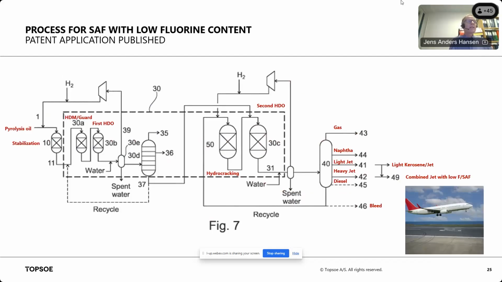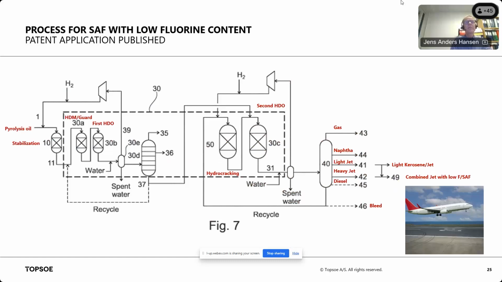So what we then figured out was that you could use hydrocracking to produce a jet with a low fluorine content. And here is a slide showing what we did. So what we did was that we have the guard catalyst in the first stabilization catalyst, then we have the first removal of H2O, and then we were taking the product from this without nitrogen being present, and then we converted that in a reactor named 13C, where we removed the nitrogen down to a very low level.